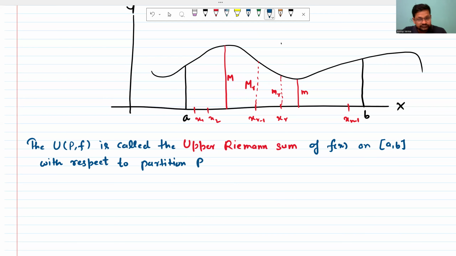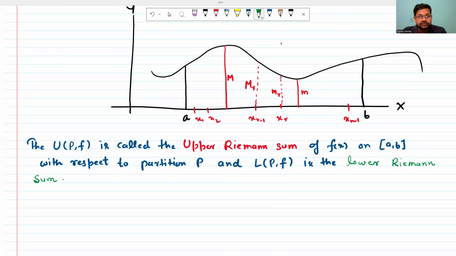Okay, similarly we can say this is L(P, f). L(P, f) is the lower Riemann sum.